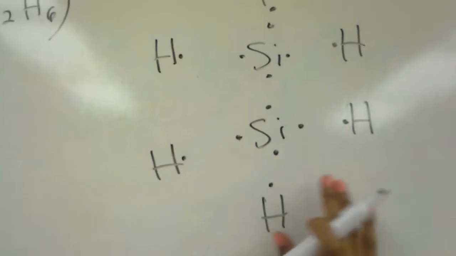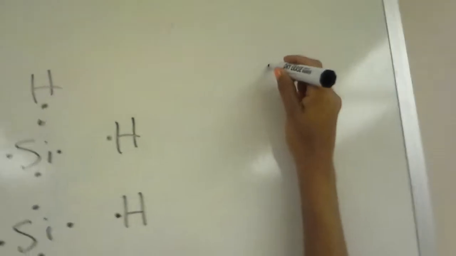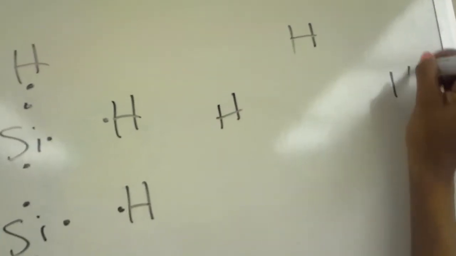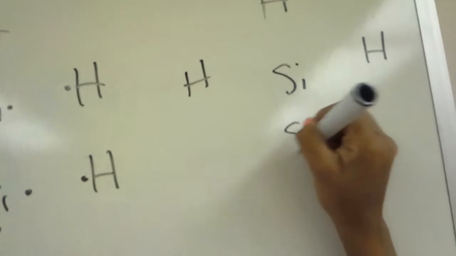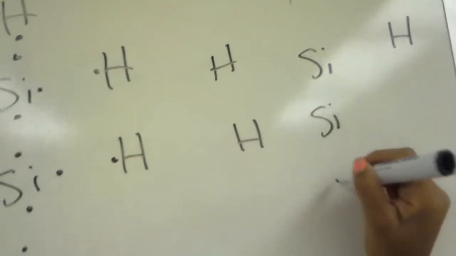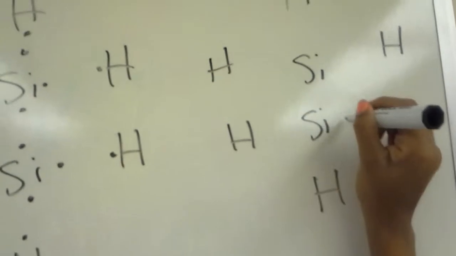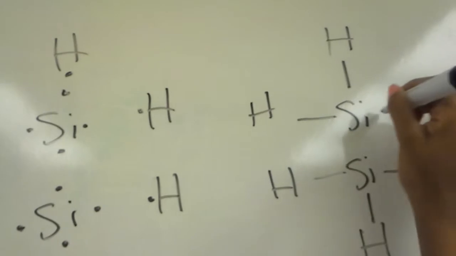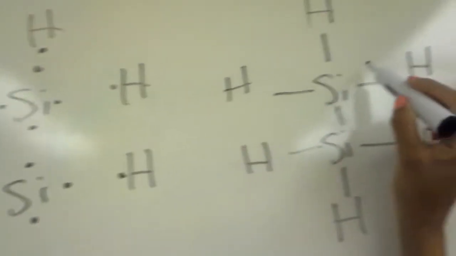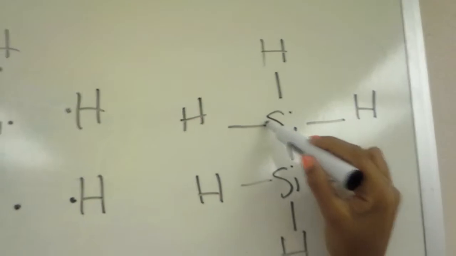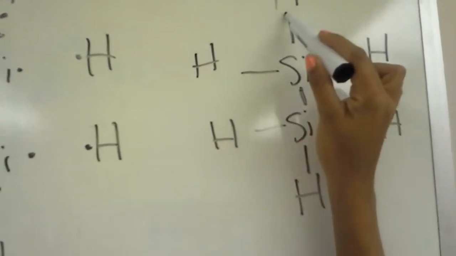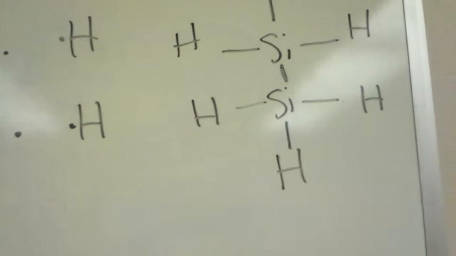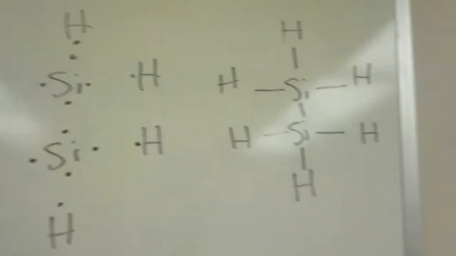No. So same thing as before. These are all attracting each other, so they become lines instead of 2 electrons. So you end up with the 4 valence electrons for Si and each valence electron for hydrogen. That's your Lewis structure for Si2H6.